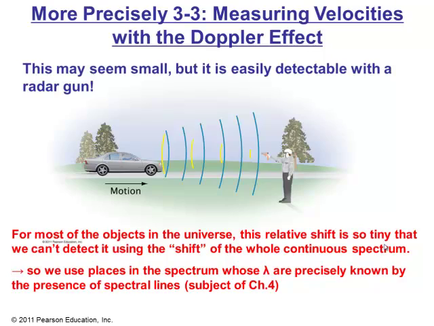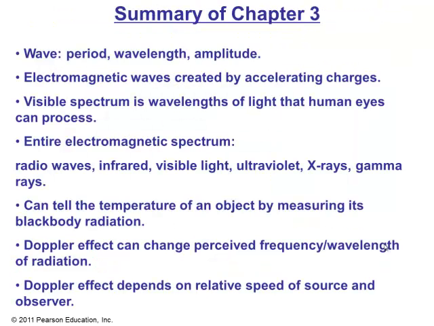Now, a little bit of a summary of what we talked about in Chapter 3. We defined waves, and we talked about the period, the wavelength, the amplitude, and the frequency of a wave. We talked about electromagnetic waves as being created by accelerating charges.